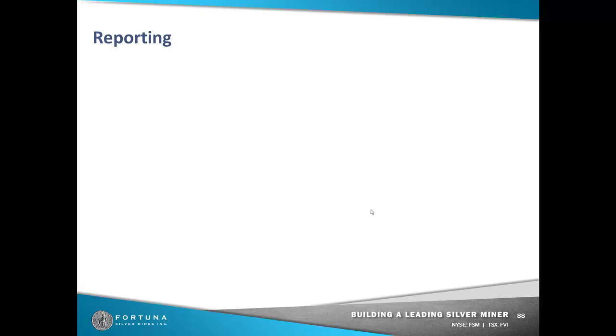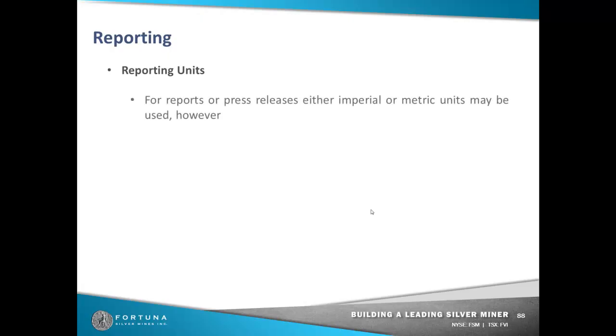One aspect which I'd like to highlight in terms of the best practices is that they do refer to the reporting units which should be used when reporting to the public. For reports or press releases, either imperial or metric units may be used, but they must be maintained consistently throughout the reporting process.